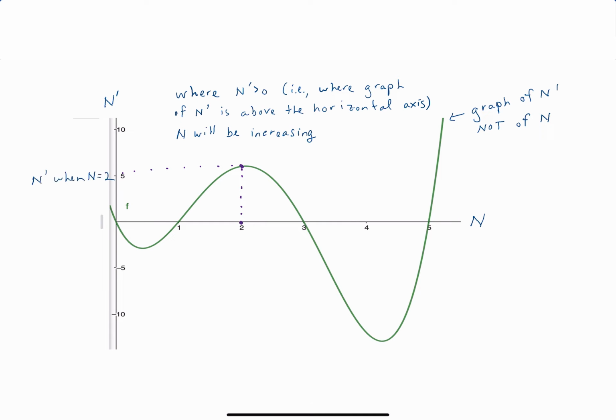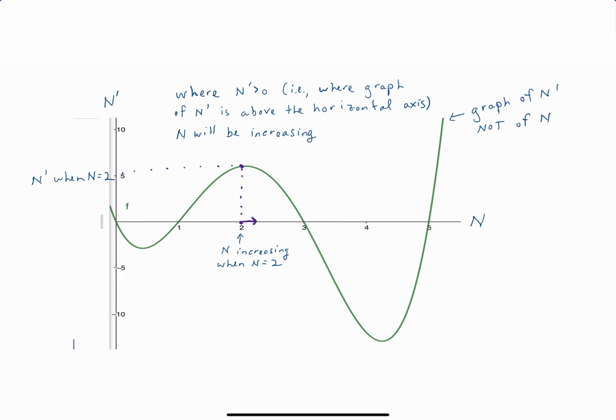I don't want to call it N prime of 2 really, because that'll make it sound like the time is 2, and that's not what we're saying. We're saying that N is 2. Notice that is a positive number, therefore we know that N is increasing when N equals 2. And we can denote that on our horizontal axis by putting a little arrow to the right.